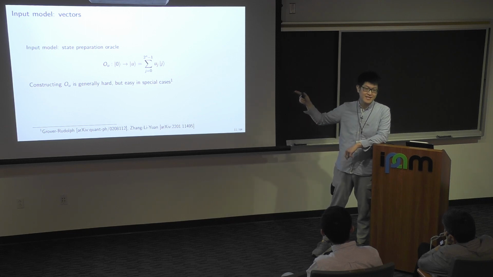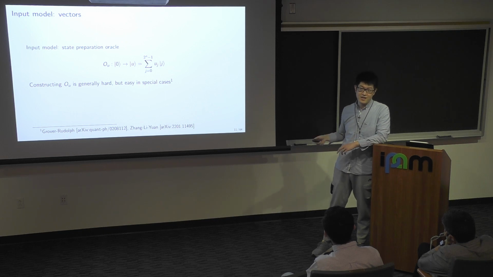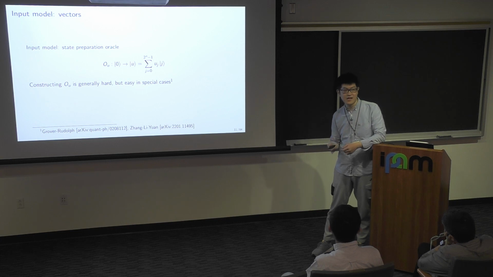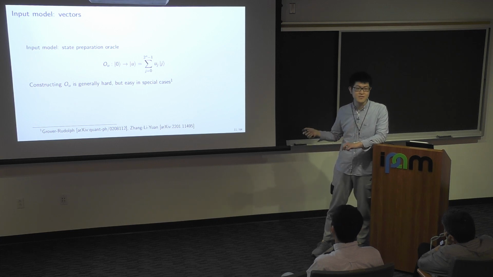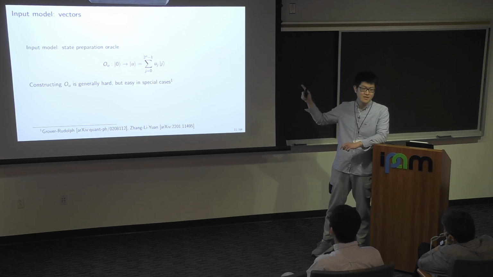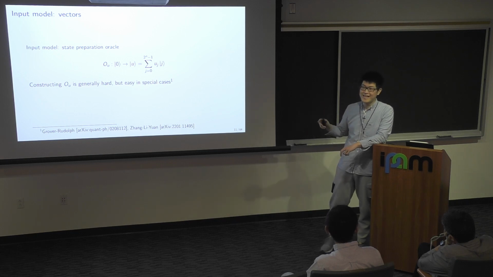We just take this as an input model, as an assumption. Later in this tutorial, if we want to count the complexity of the algorithm, we will count the number of oracles that we are using. That is why we use this terminology. But I just want to mention at the very beginning that assuming the oracle is a very big assumption.